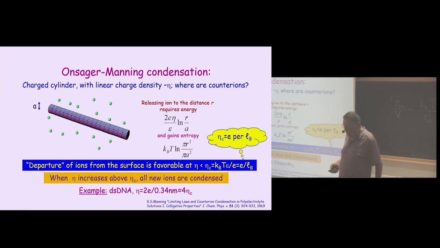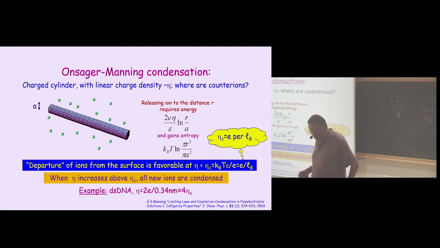So if you have more charges than 1 per Bjerrum length, then your counterions cannot escape to infinity. They are condensed back on the DNA. In fact, double helical DNA has a linear charge density, formally speaking, 4 times this critical value. And so 3/4 of the counterions of DNA have to be somewhere very close to the DNA.